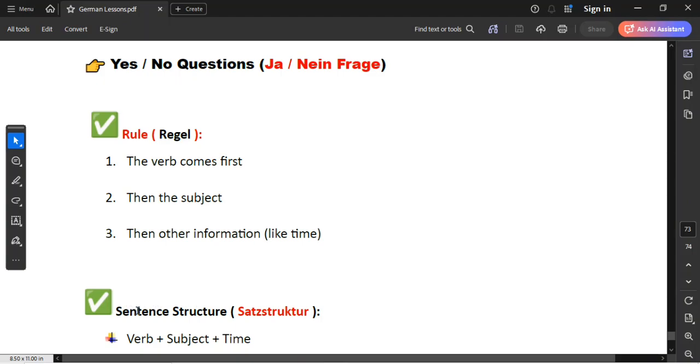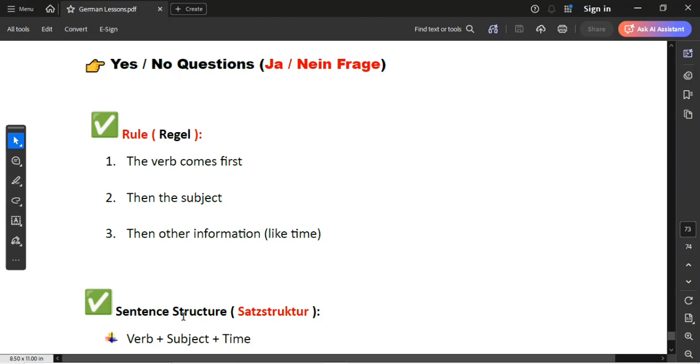Now when we look at the sentence structure, as you can see, we are starting with the verb plus subject plus Zeit. That is, we start with the verb, followed by the subject, then at the end we have time or the other information.